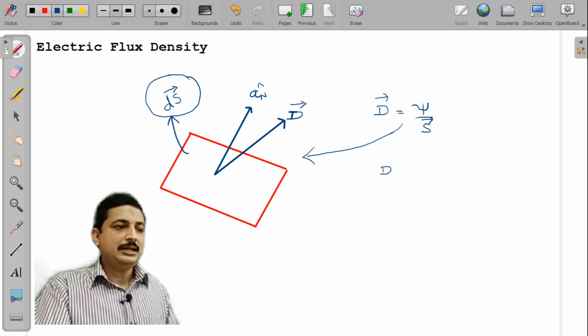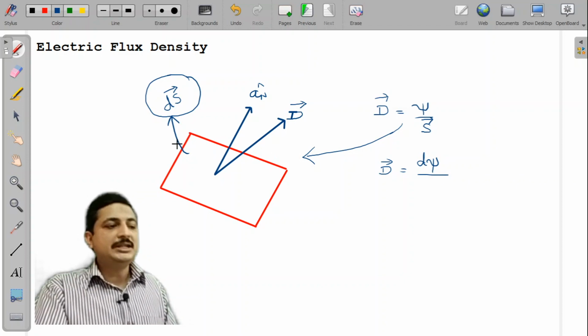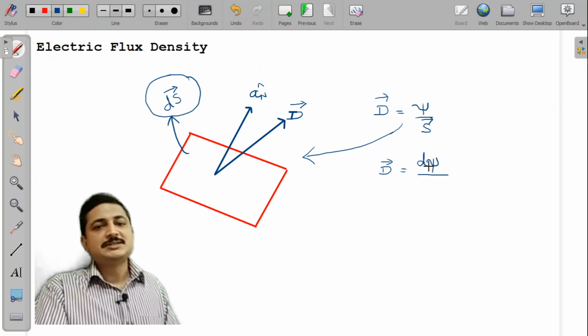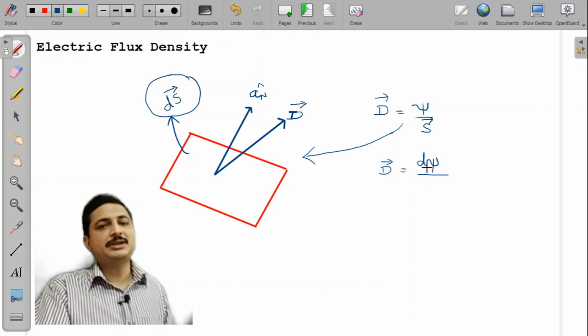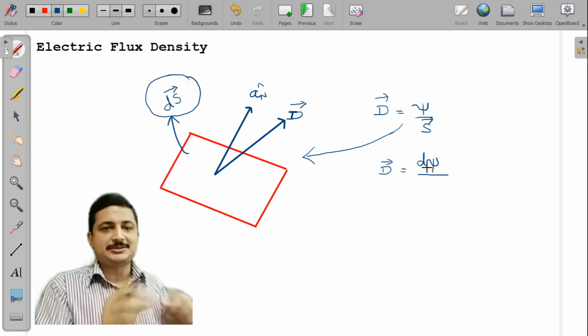Okay. So if I take this general equation in terms of this diagram, then I should be writing D vector, that is electric flux density, as d psi, that is small psi, because this particular surface area is very small. So only a very small amount of flux lines will be passing through that. So I usually represent it by small d psi. If there are 100 flux lines, only 10 flux lines will pass through this small area.